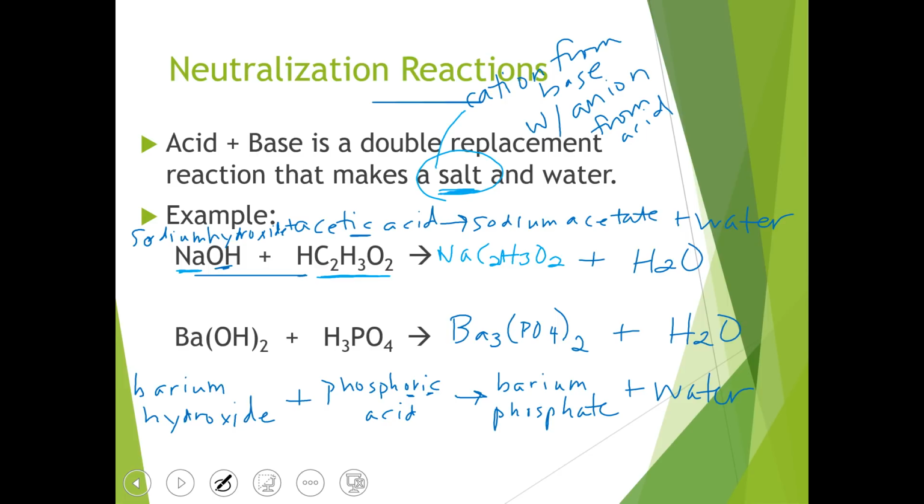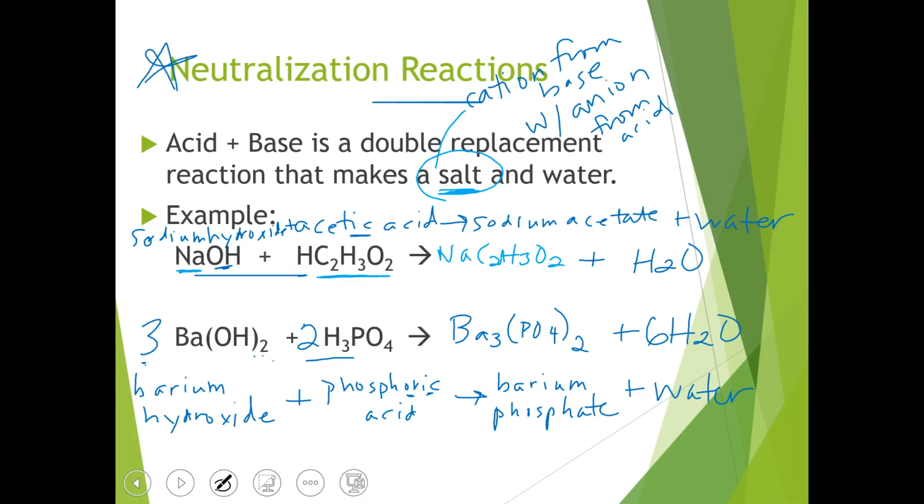And then you got to balance it. We have 3 bariums on the right side, so I put a 3 on the left. 2 phosphorus, so I'm going to put a 2 over here. That gives me 6 hydrogens, and 3 times 2, I have 6 hydroxides. I'm going to get 6 water molecules in this reaction.